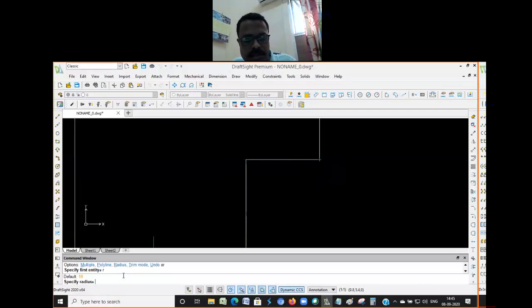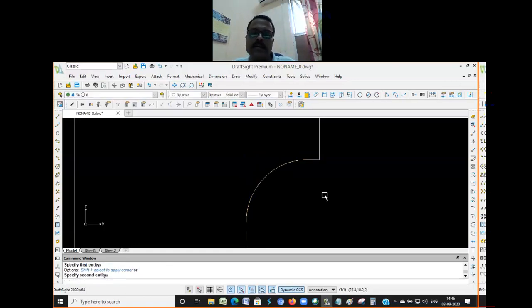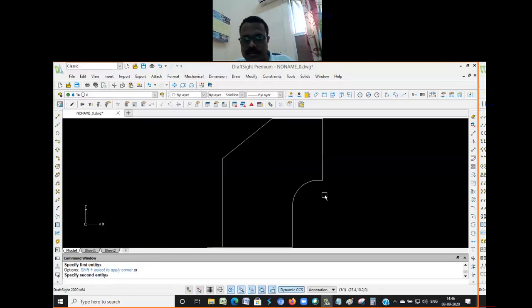So suppose I'm going to use 4 millimeter or even 5 millimeter. Okay. Then it says specify first entity. So this is my first entity. That means from this point up to a 5 millimeter mark in this point, it is going to start the round. This is my first, this is my second entity. So this is the fillet.